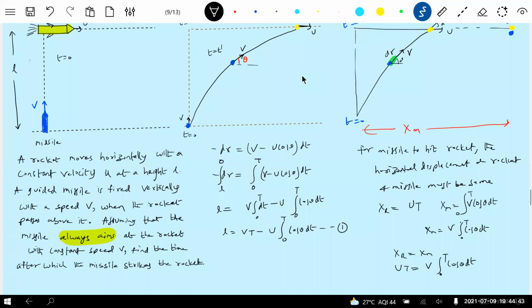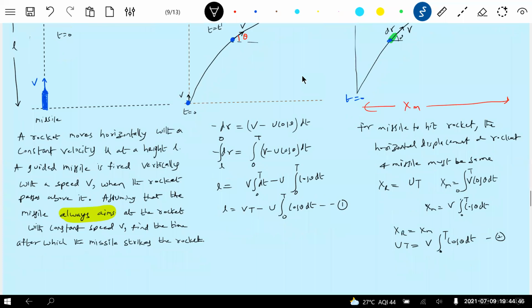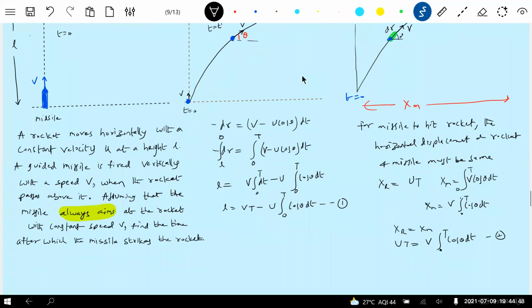This is equation 1. This is equation 2. So comparing 1 and 2, put 2 in 1. So in place of this it should be ut by v. V square minus u square, t by v.